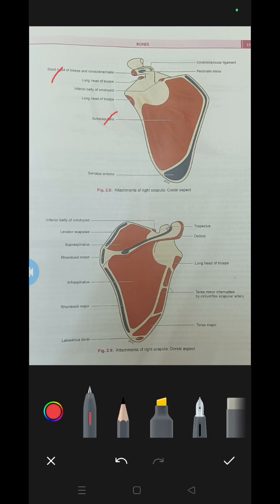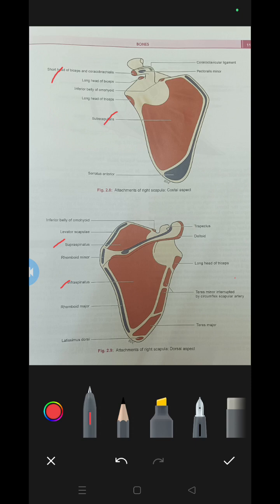Next, supraspinatus and infraspinatus, located in the posterior view, the dorsal aspect of the scapula. Supraspinatus arises from the medial two-third of the supraspinous fossa, including the upper surface of the spine.